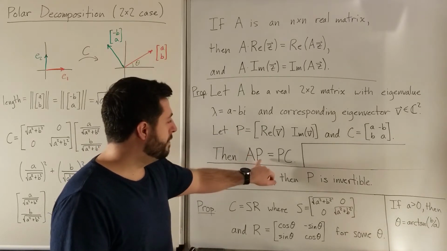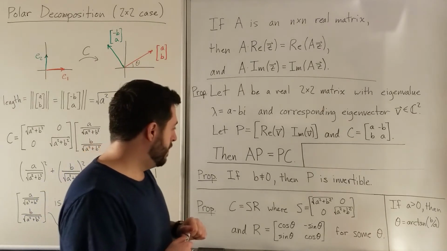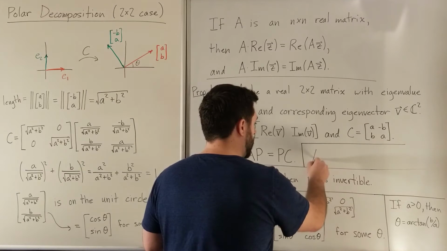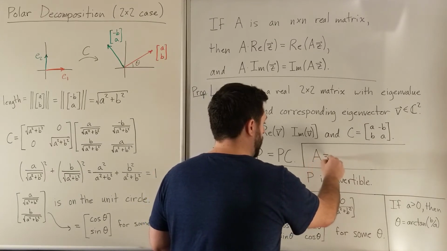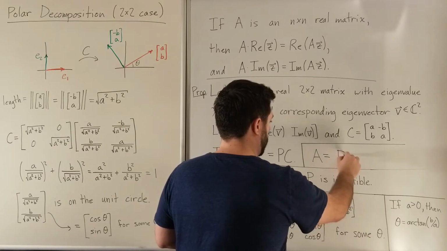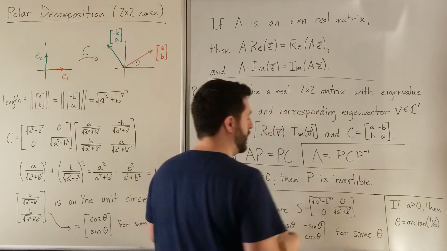So we already know that A times P is equal to P times C. And if P is invertible, then we can write A as P times C times P inverse.